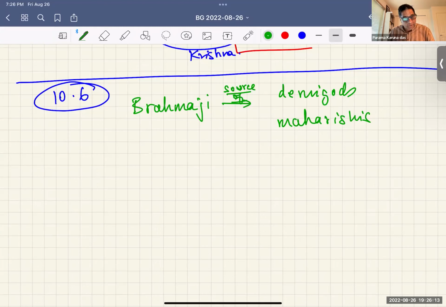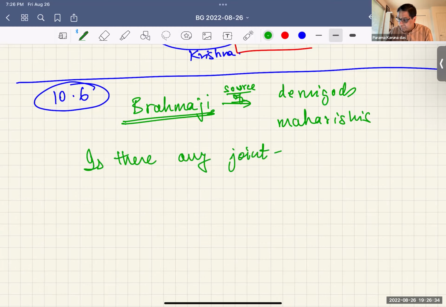There has to be a partner. Or the mother cannot say to the child, I am the source. There has to be a father. So is there anybody else? So first doubt is, isn't Brahmaji the source? And the second point is, is there any joint source?